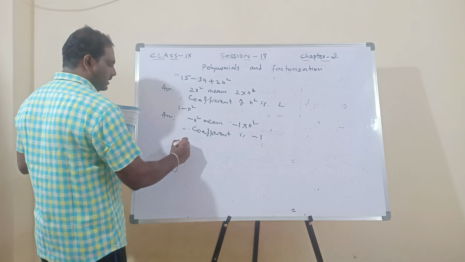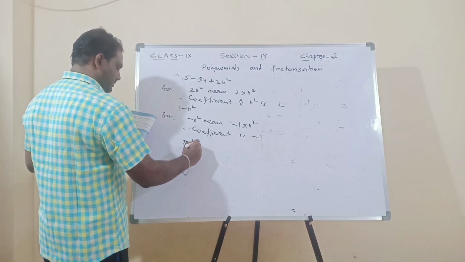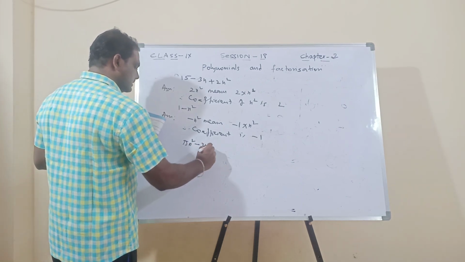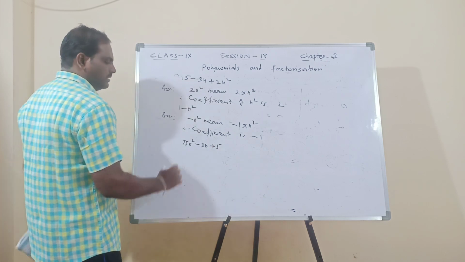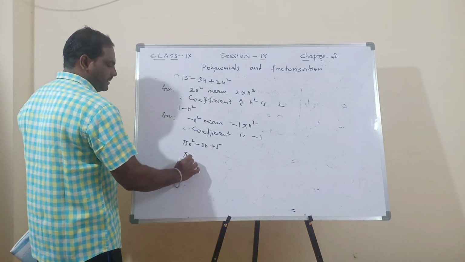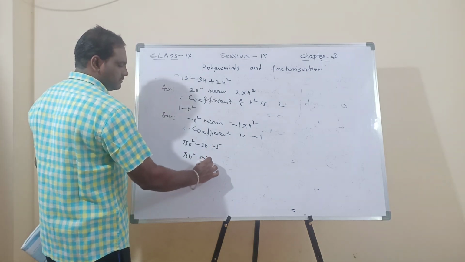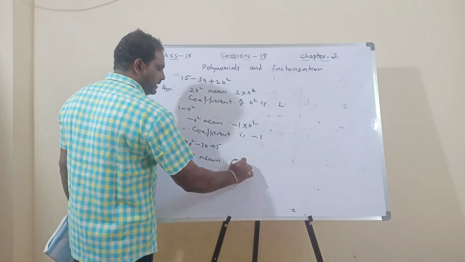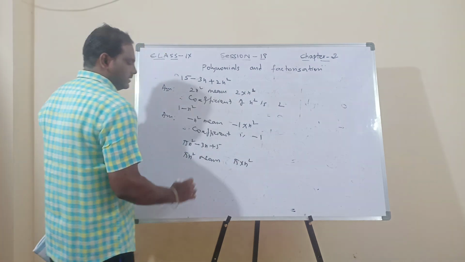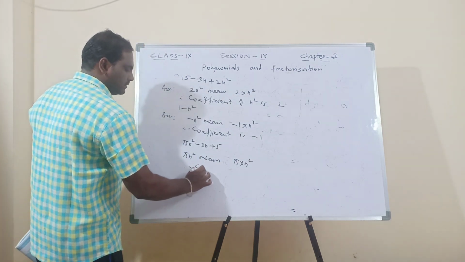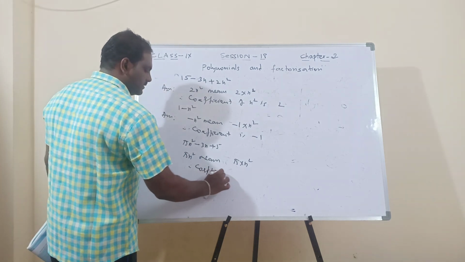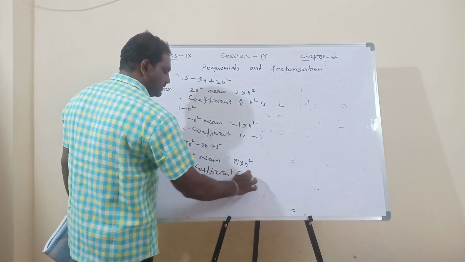Next, 5x square minus 3x plus 5. So what we have to write? 5x square means 5 into x square. So therefore coefficient is 5.